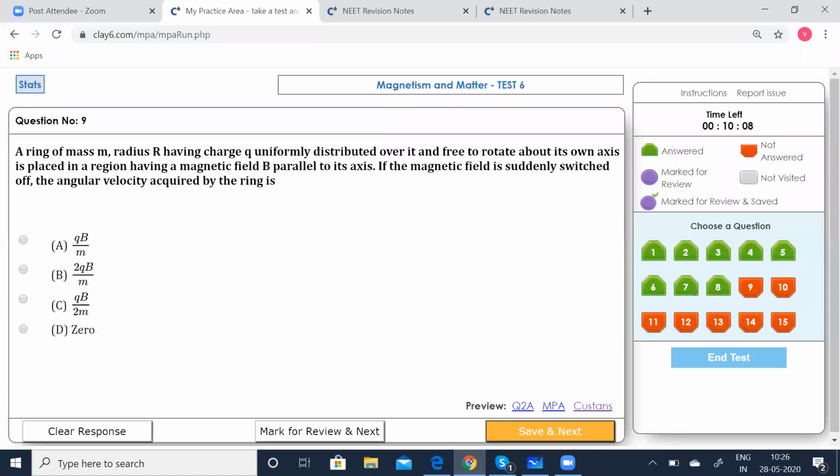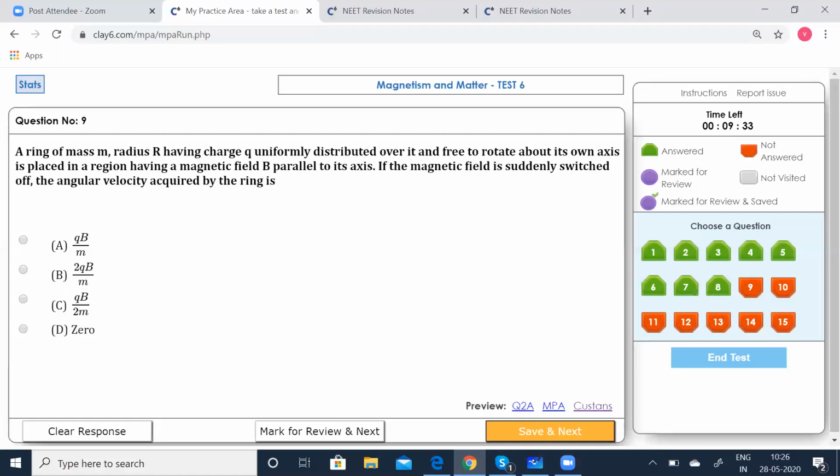Save that. Go to the 9th question. A ring of mass m, radius r, having charge q uniformly distributed over it and free to rotate about its own axis is placed in a region having a magnetic field B parallel to its axis. If the magnetic field is suddenly switched off, the angular velocity acquired by the ring is?